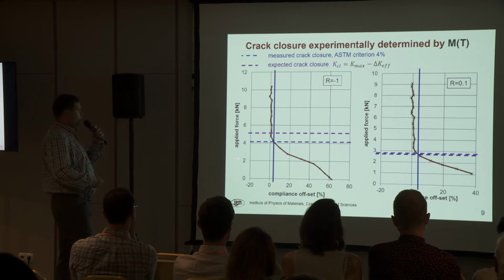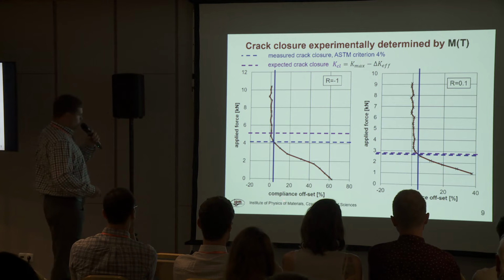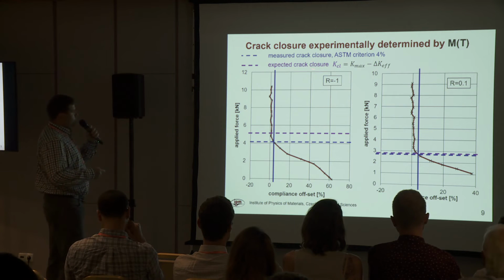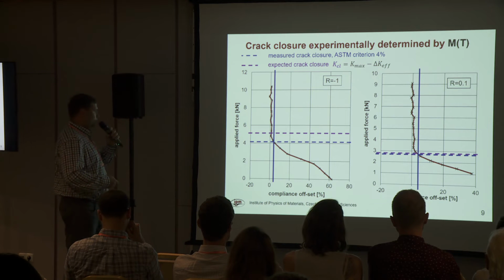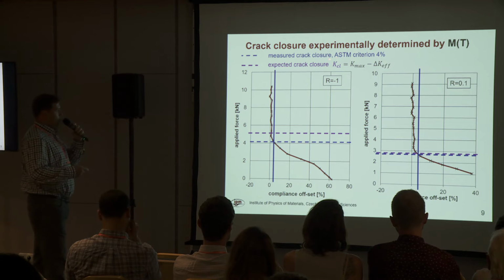And you can see here that in the case of compliance data, with force versus compliance offset according to ASTM, the expected crack closure, which is given by this formula, is very similar to the crack closure determined according to the ASTM criterion of 4%.